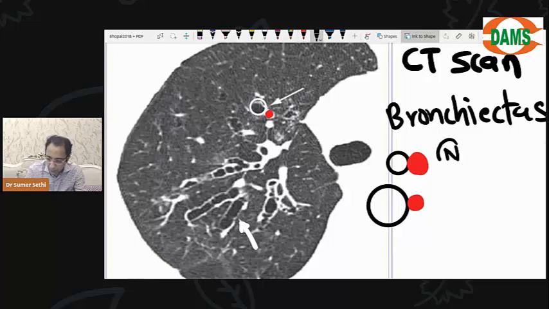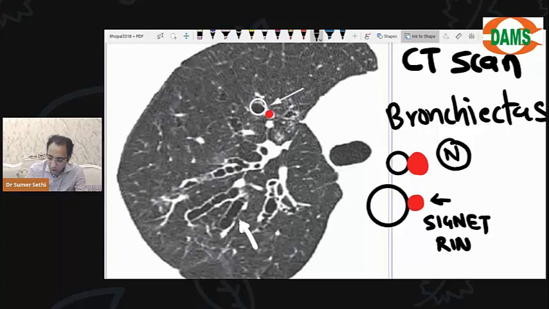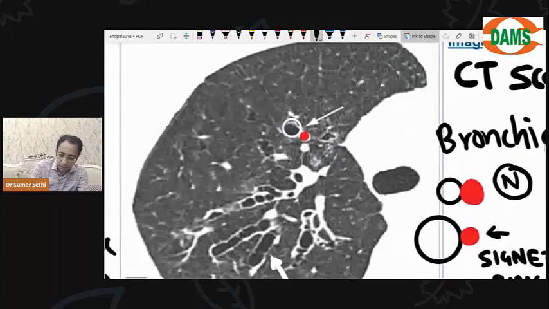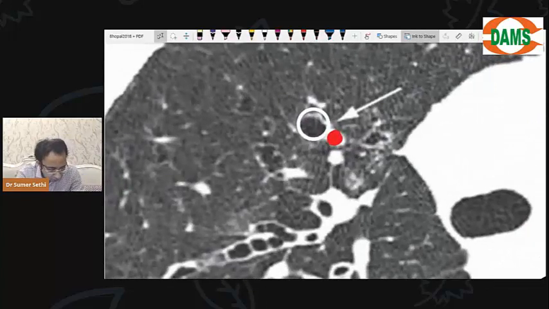Hence, in bronchiectasis, we use a term called signet ring sign on CT. Okay, so this is what is called signet ring sign on CT.